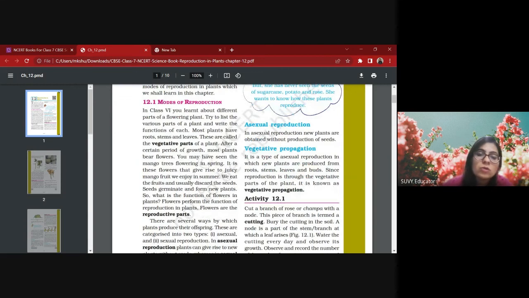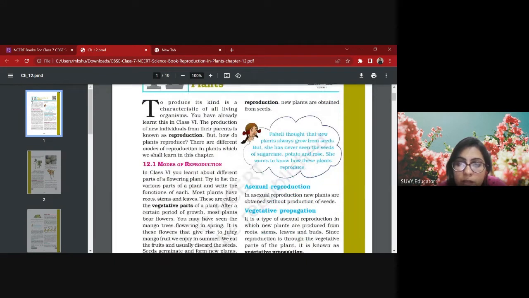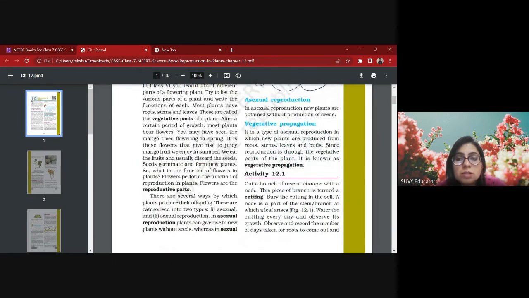Now there are two modes of reproduction. If it involves a single parent, it is known as asexual reproduction. If it involves two parents, it is known as sexual reproduction.